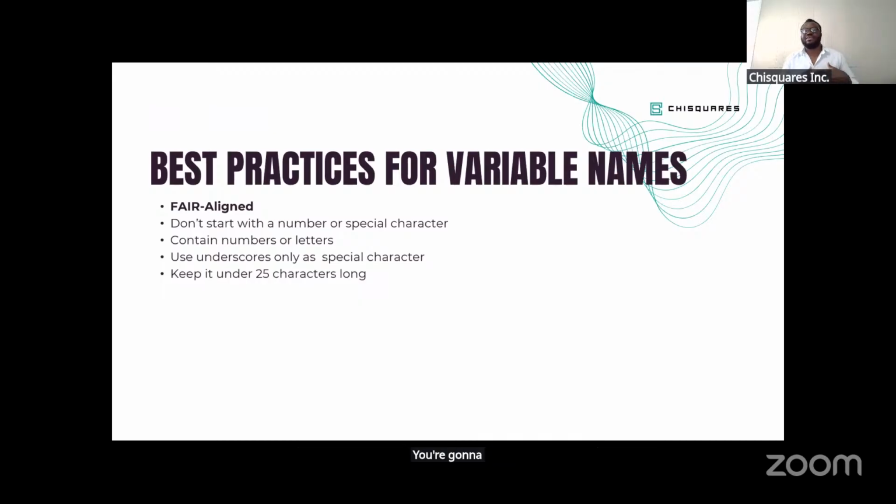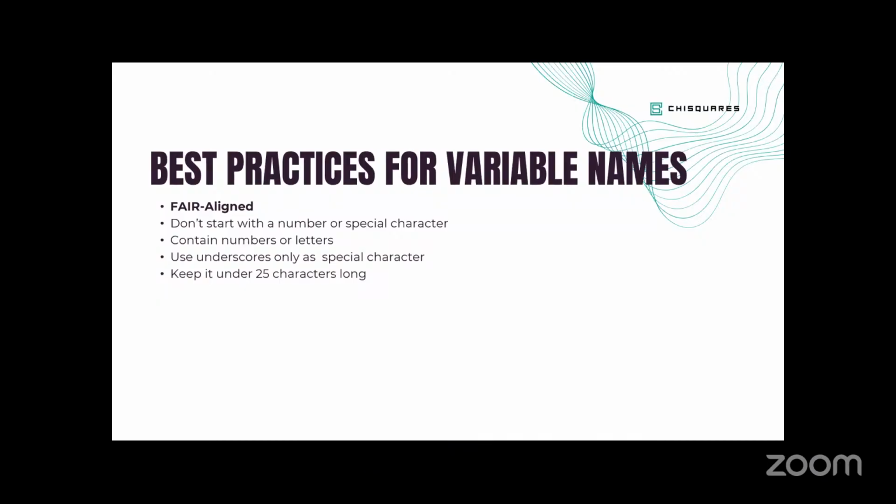Again, remember, things we do as data scientists must be FAIR aligned. FAIR, once again, means that it has to be findable. It has to be, I think one of you should tell me what FAIR is. I'm looking at people. Are people able to talk? They can type.